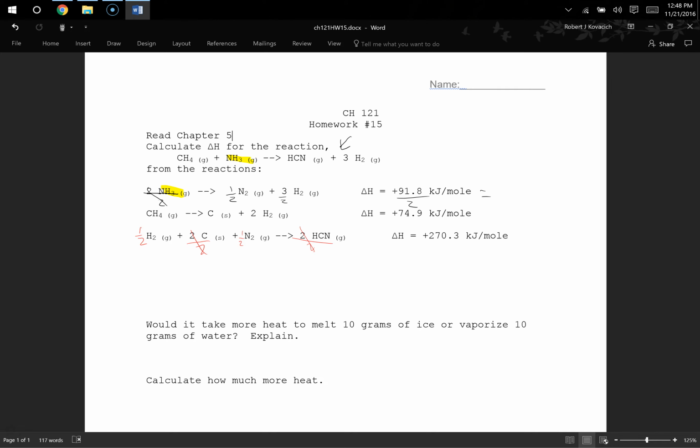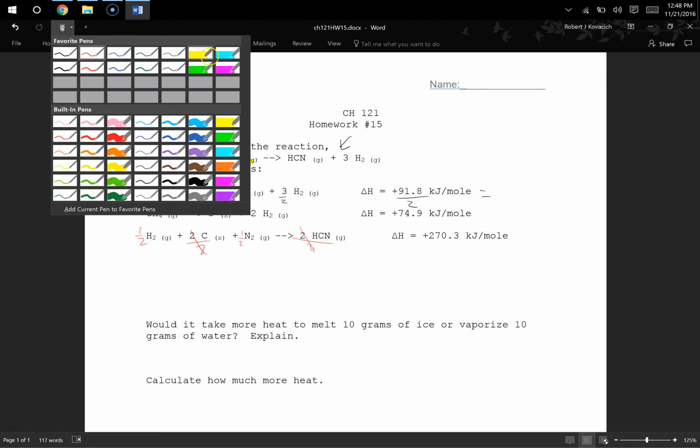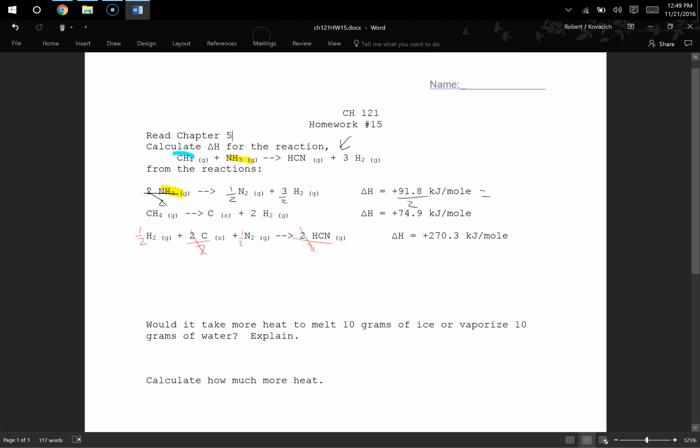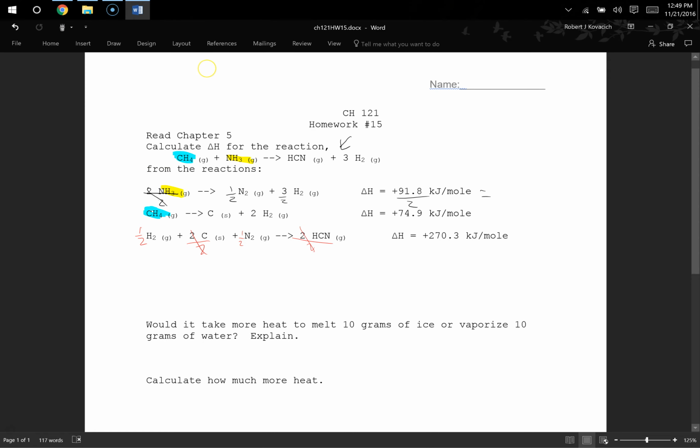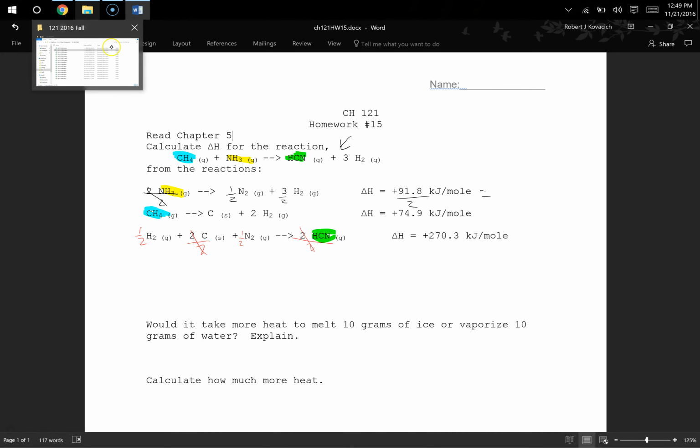Okay, so is that right? All right, so what we got here is I need to have a methane. So there's a methane, and there's my methane on the right side. I already took care of my ammonia. I need hydrocyanic acid, so there's one right there, and there's one right there. And so now what I need is 3 hydrogens. So do I have 3 hydrogens?